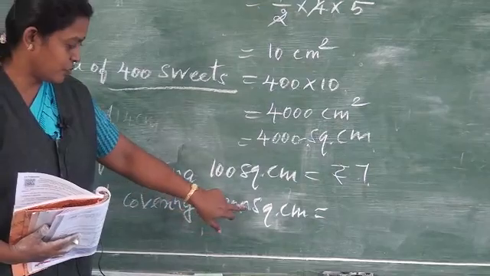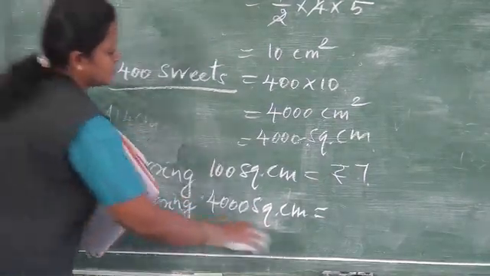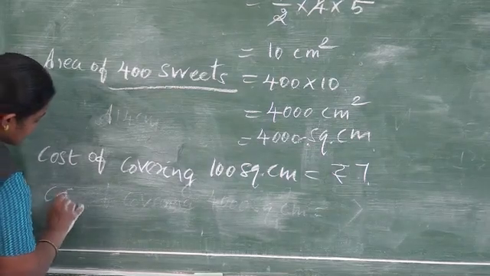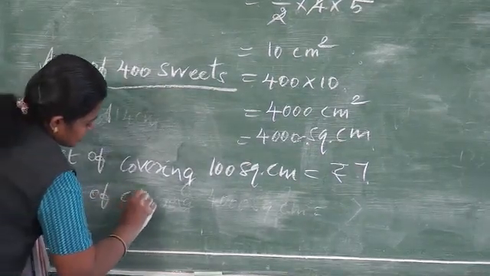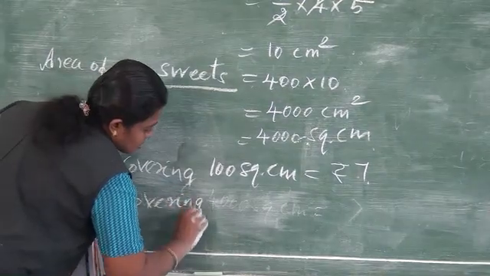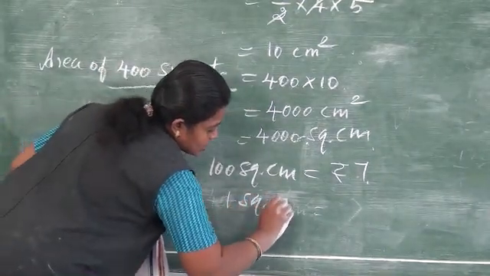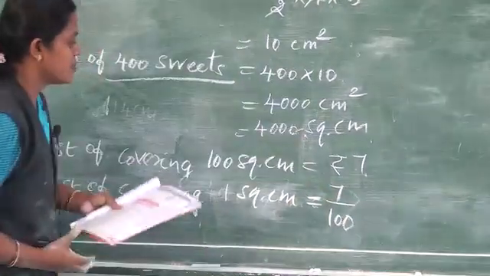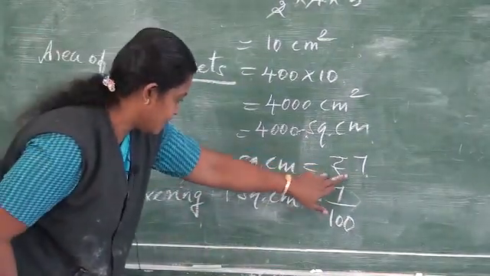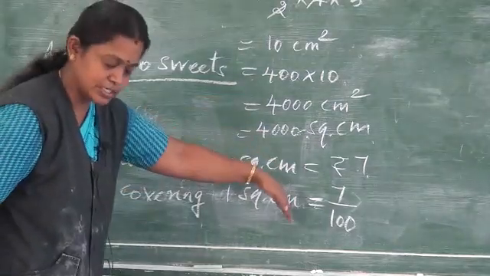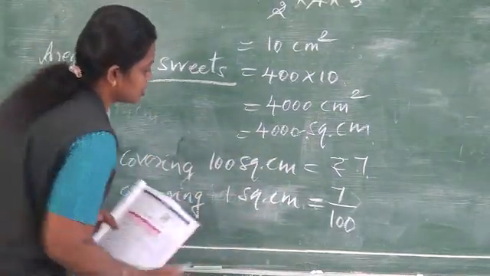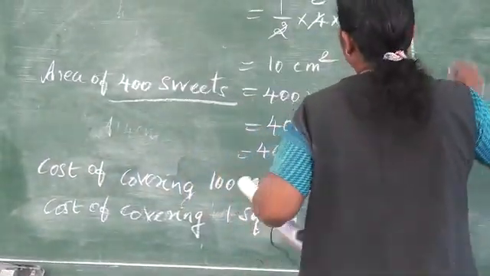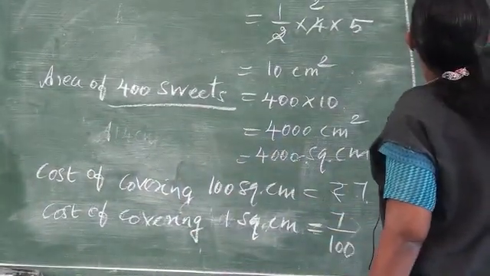But we have to find out 4000 square centimeter. First we will find what is the cost of 1 square centimeter. That is the easy way we can find that answer. 1 square centimeter is equal to 7 by 100. Because 100 square centimeter cost is 7, we need 1, so we should divide. 1 square centimeter equal to 7 by 100. Now we will find out the cost of 4000.